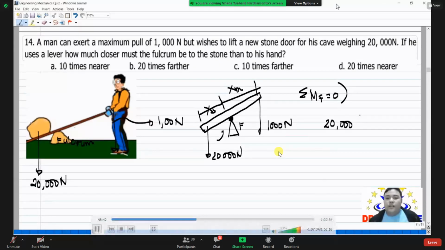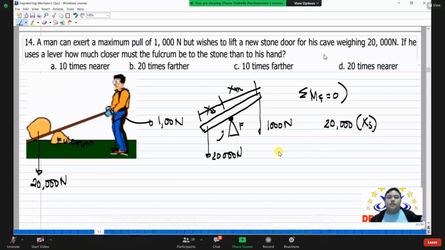So positive times yung lever arm natin na XS. Then, yung ating XM, so that is in the clockwise direction, so negative. So minus 1,000 multiplied by the lever arm, which is XM. That is equal to 0.